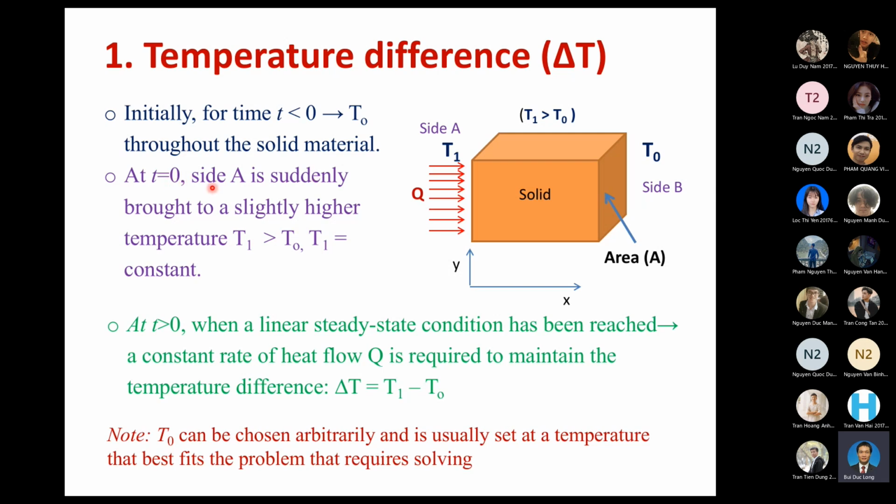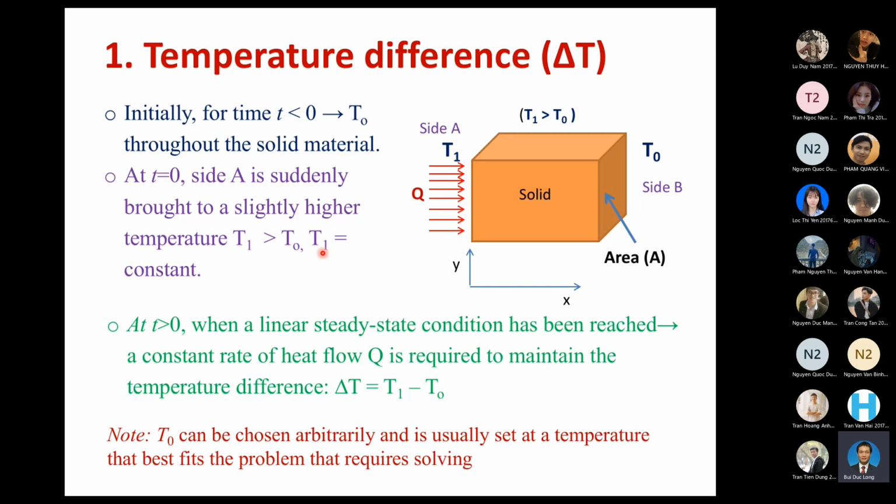This side is A, this side is B. Side A is suddenly brought to a slightly higher temperature T1. T1 is greater than T0, and T1 will be constant.